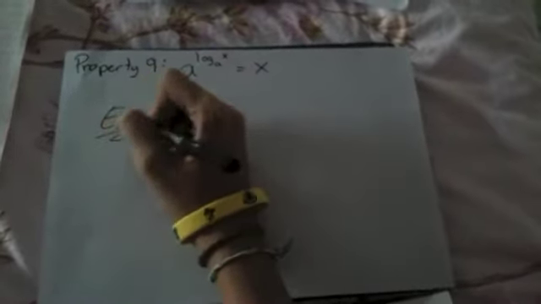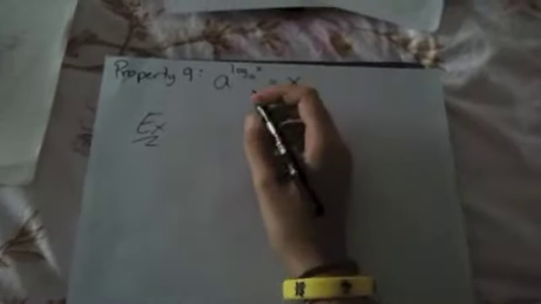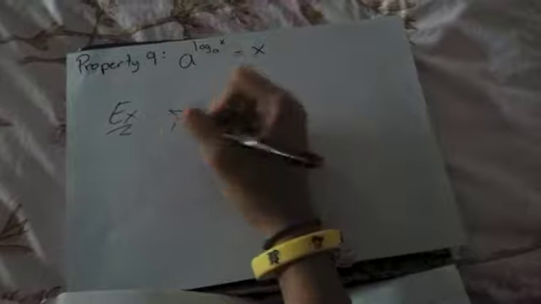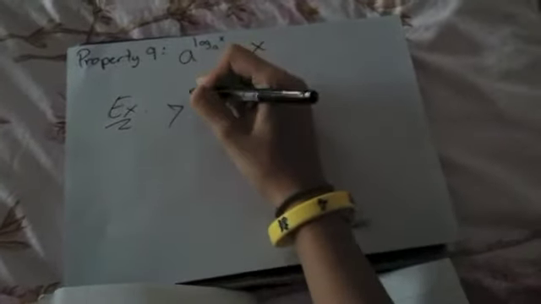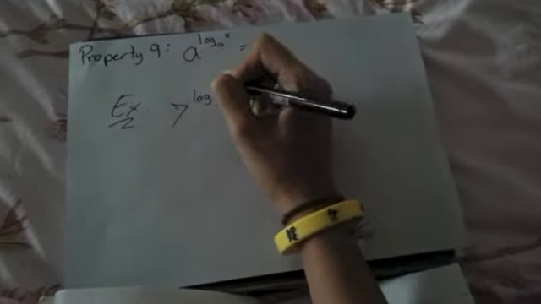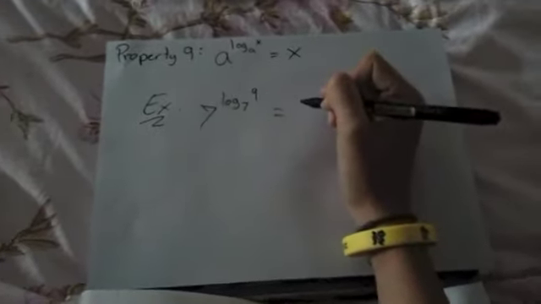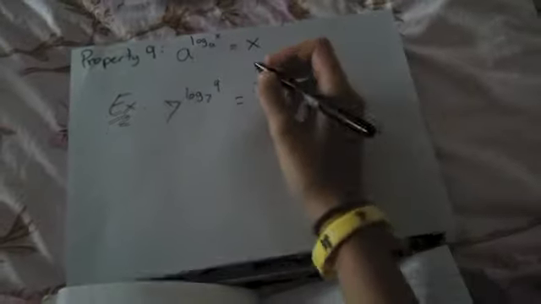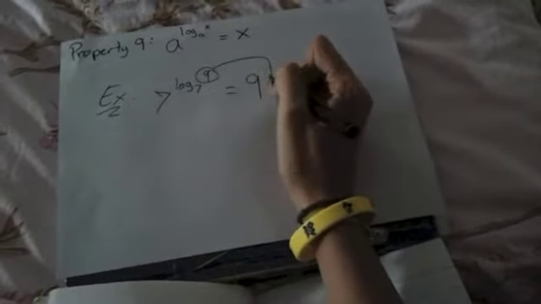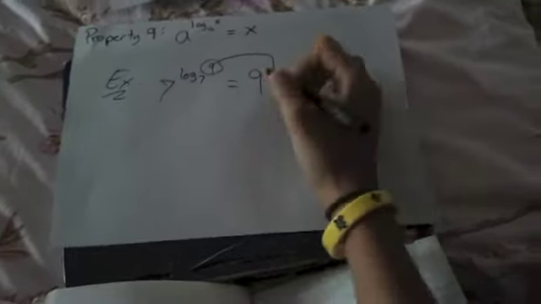So let's do an example. 7 to the power of log 9 in base 7. So what's the answer? The answer is 9. Just bring down this, bring down there. That's your answer. Another example? Of course, yes.